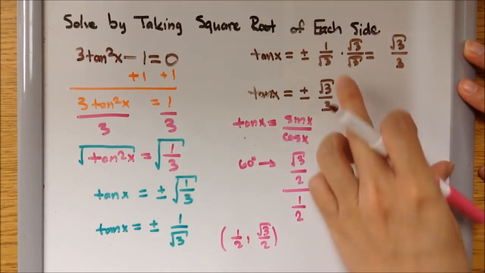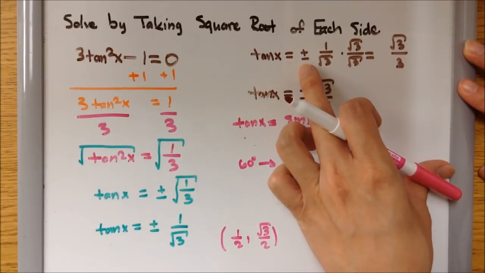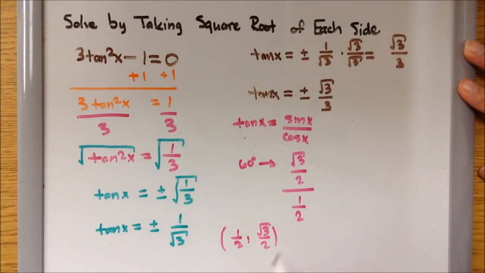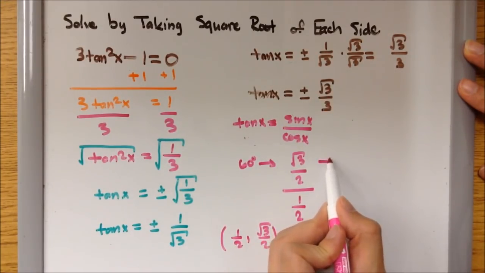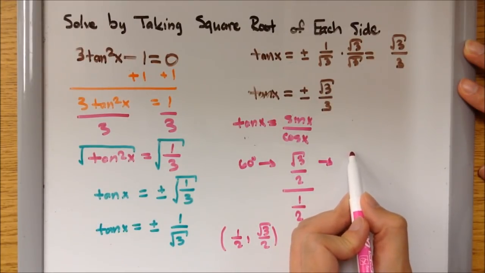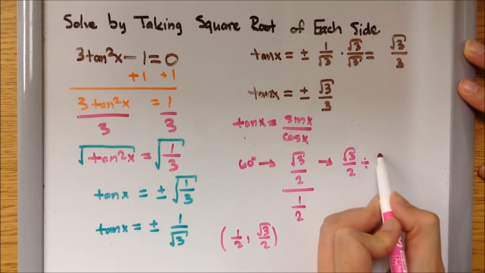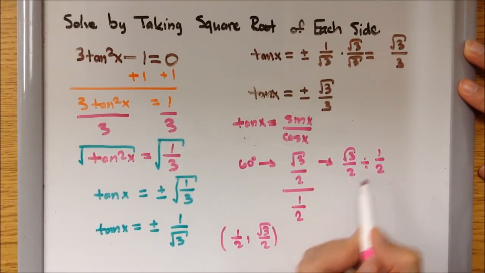Now we're going to see which one matches with 1 over square root of 3. We're going to ignore the plus and minus for the moment. So here it's a fraction divided by a fraction, so we're going to rewrite it as a division of fractions: square root of 3 over 2 divided by 1/2.